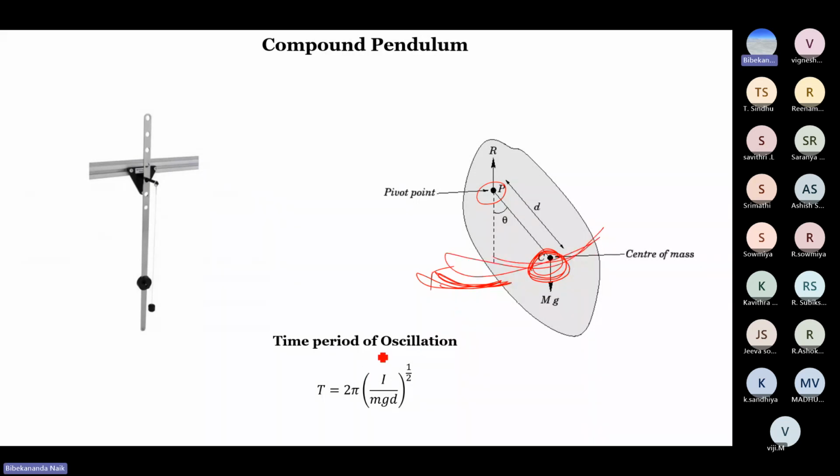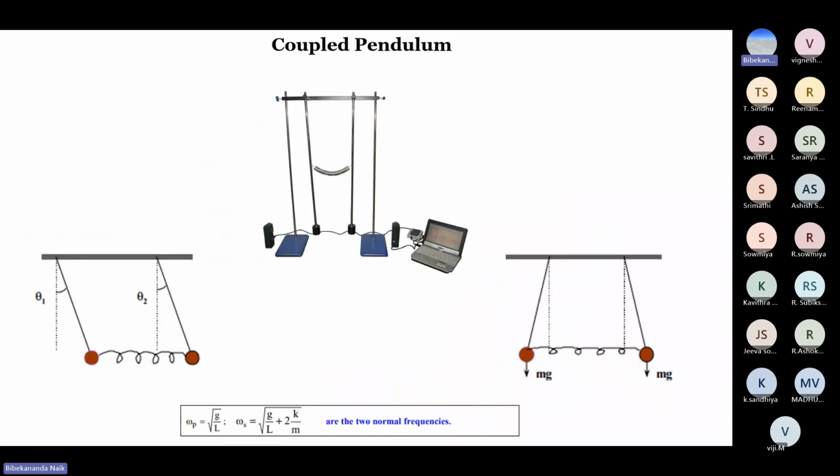So the time period will be T equals 2 pi root over I divided by mgd, where I is the moment of inertia and d is the distance of the pivot point from the center of mass. So this is d, and this is the formula for the time period of oscillation for a compound pendulum.